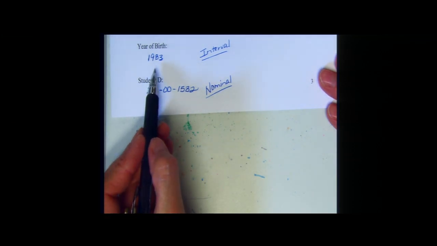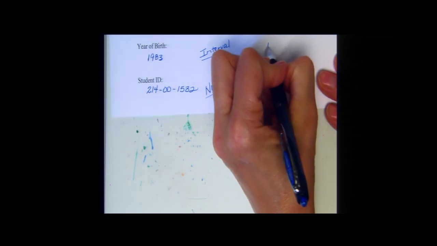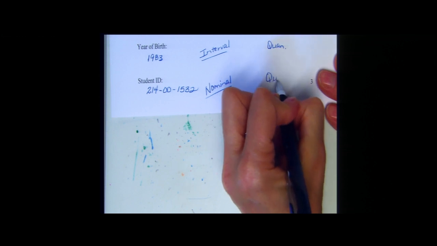The year that you were born, there is particular significance to the order, and adding them does not make sense. You could maybe average and say, okay, the average year that someone was born, so quantitative, and then this would be an example of qualitative. All right, that completes chapter 1.1.